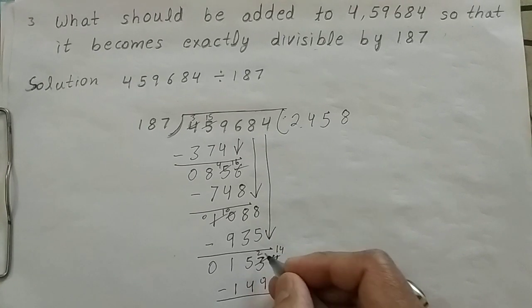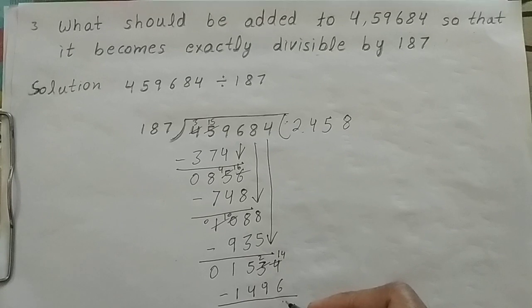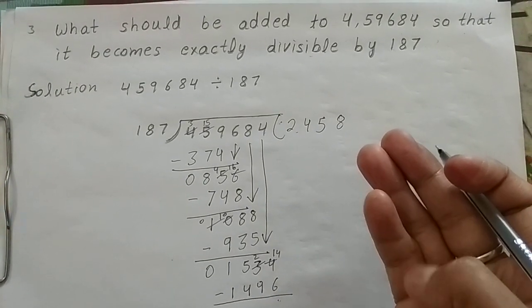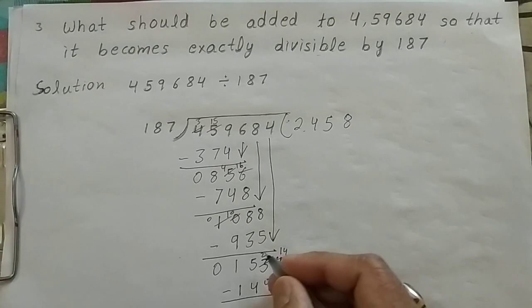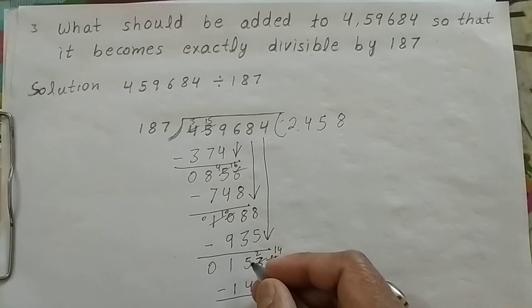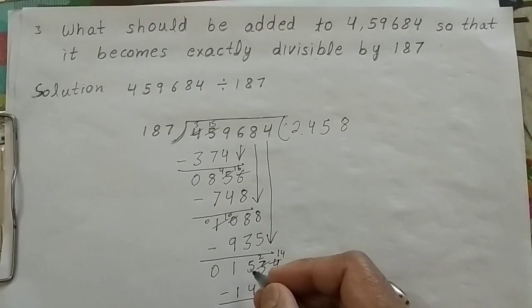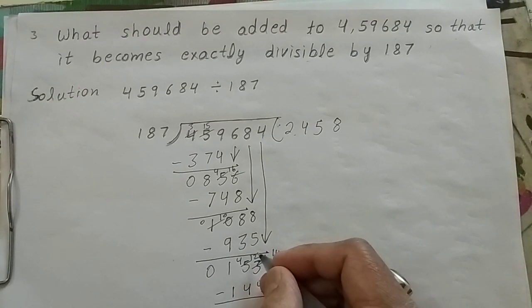It will become 2. Let us start. 14 minus 6: 7, 8, 9, 10, 11, 12, 13, 14. Write 8 here. Now this 2 is less than 9, so it will borrow 1 from this 5. So this 5 will become 4 and this 2 will become 12.